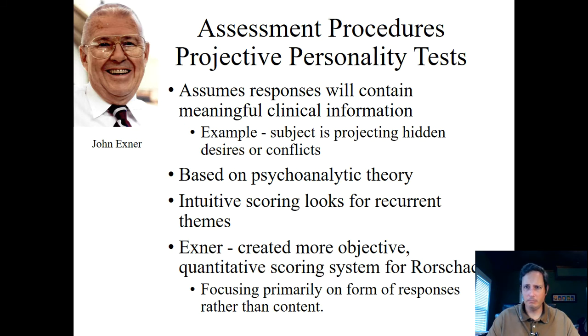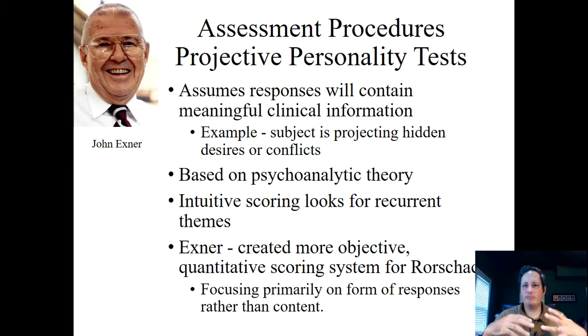Now, initially, the way that they evaluated the Rorschach is that they looked for these broad themes that may describe some sort of hidden desires or conflicts these people have, and it's based on the way that they tell their stories. You're looking for these themes.